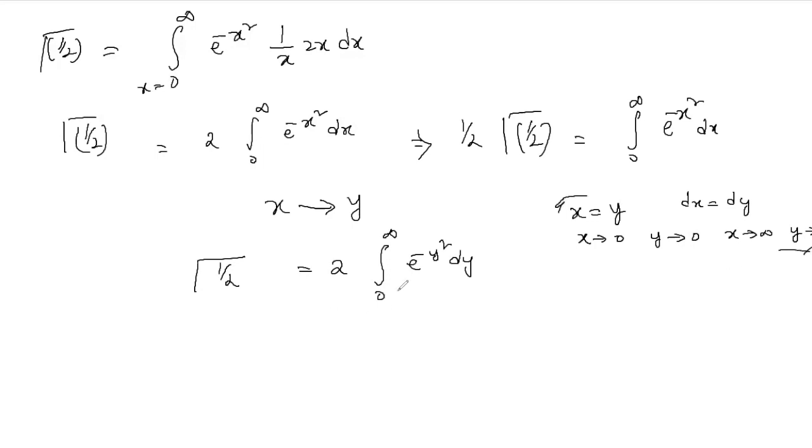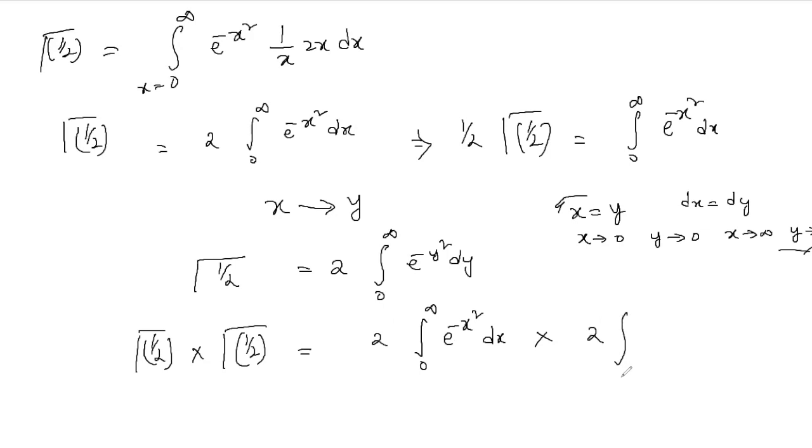Now let us take both the results. So gamma half multiplied by gamma half is equal to 2 times integral 0 to infinity e to the power of minus x square dx multiplied by 2 times integral 0 to infinity e to the power of minus y square dy.